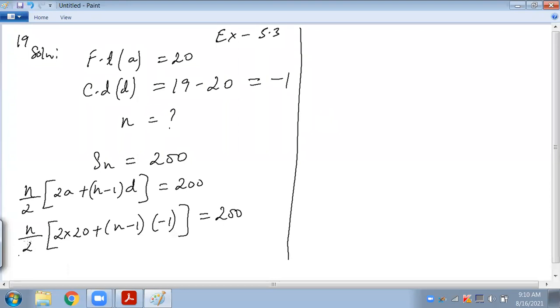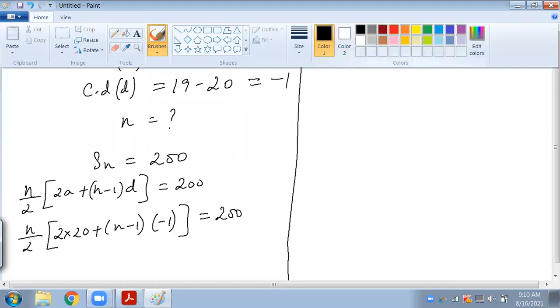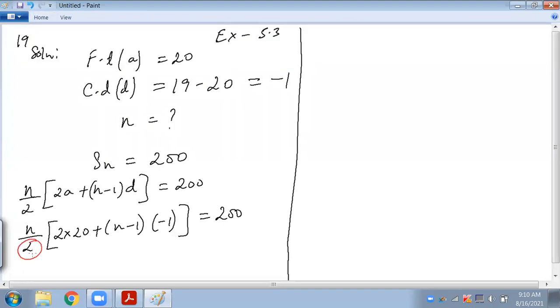This by 2 we can take to the other side. It is at the bottom on the left side, so it will go at the top on the right side, or it is at the denominator. If we take it to the other side, it will go at the numerator. So just solve it.